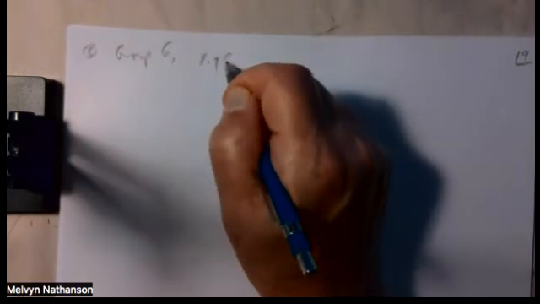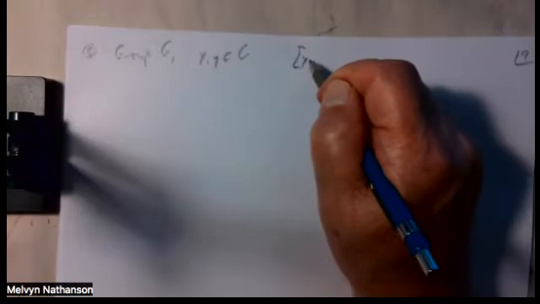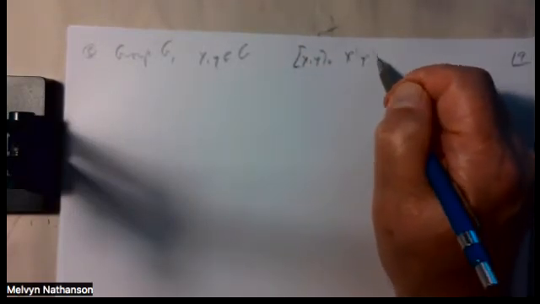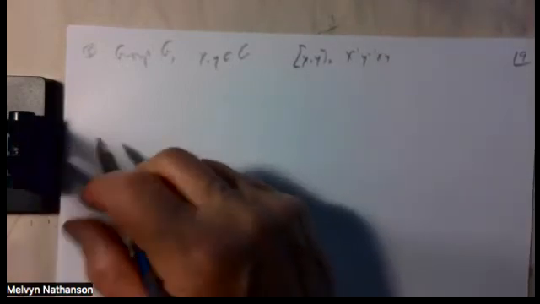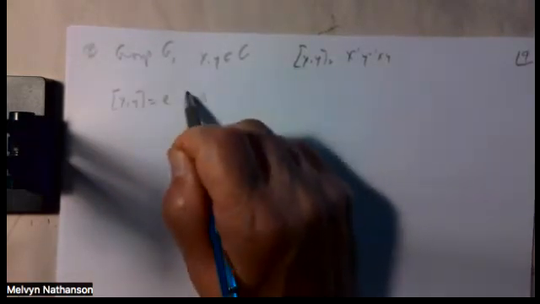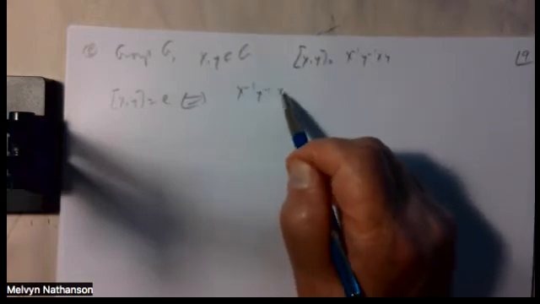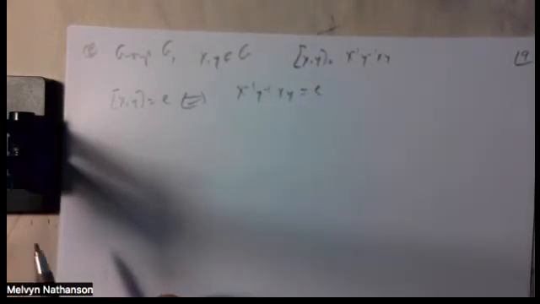Let's look at problem number 8. We have a group G, elements X, Y in G, and the commutator of X and Y is defined to be X inverse, Y inverse, X, Y. And then it's easy to see that the commutator is equal to the identity. That means X inverse, Y inverse, XY equals the identity.